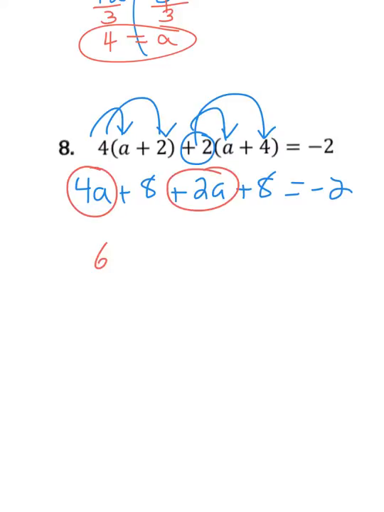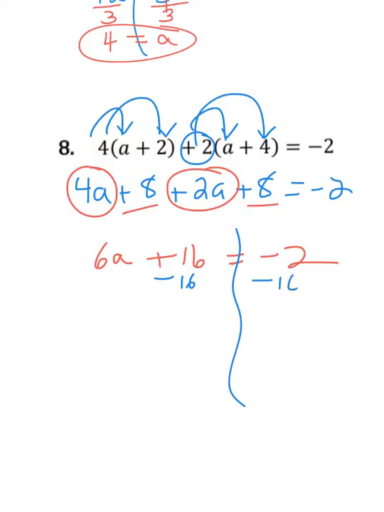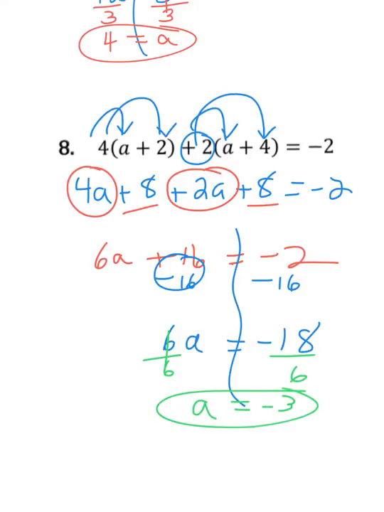That's going to be 6a. 8 plus 8 plus 16 equals negative 2. And now I go subtract 16, 0, 6a equals negative 18. Divide by 6, a equals negative 3. Done. All right, that's that page.